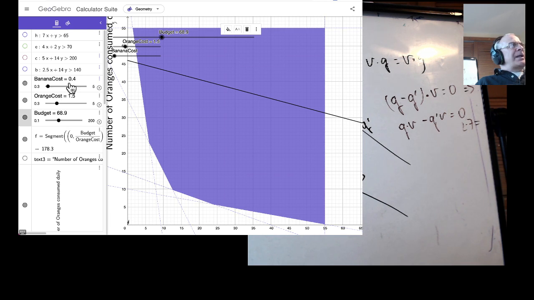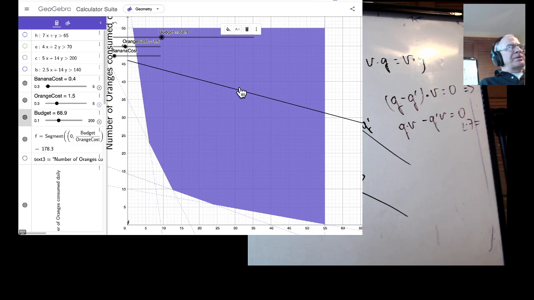When you say the cost of the banana is $0.4 per banana, and the cost of orange is 0.5, where are all the diets that will cost me exactly $68.9? These are all the points along this line.